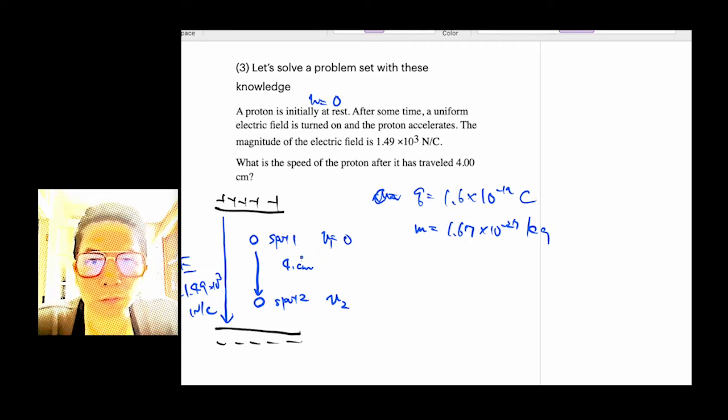But again, you really have to remember that this is not plus 4 centimeters, but this is actually negative 4 centimeters.